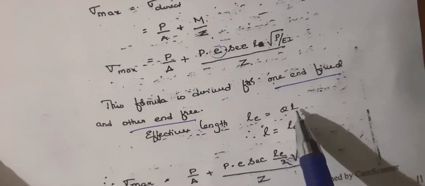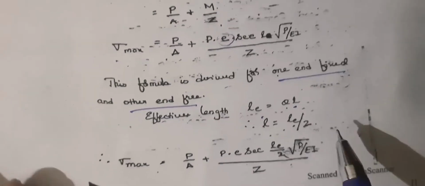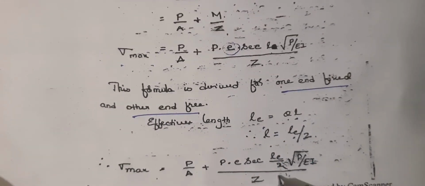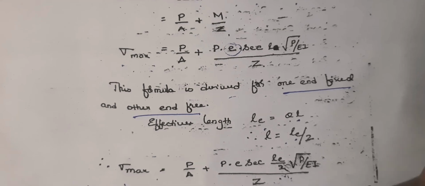Effective length LE equals 2L, so L equals LE by 2. Substitute L as LE by 2, and this is the expression in terms of effective length. That's it, nothing more than that. I hope you understood this.